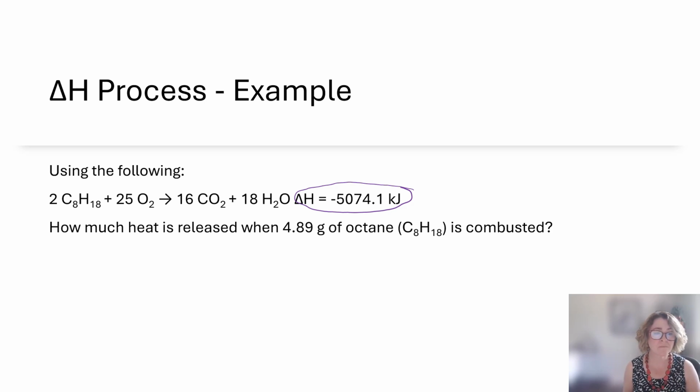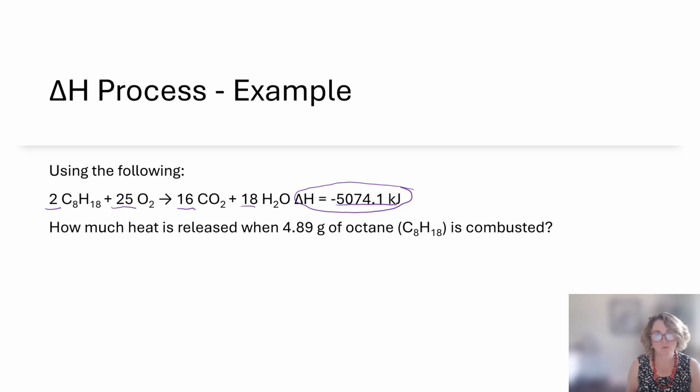What this means is that when 2 moles of octane react with 25 moles of oxygen, that will give you 16 moles of carbon dioxide and 18 moles of water, and release that amount of heat.